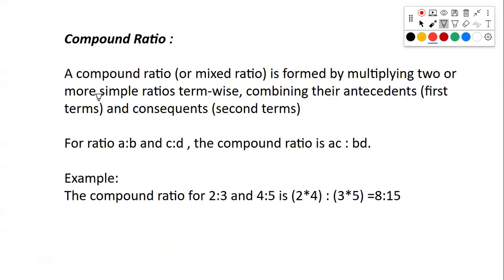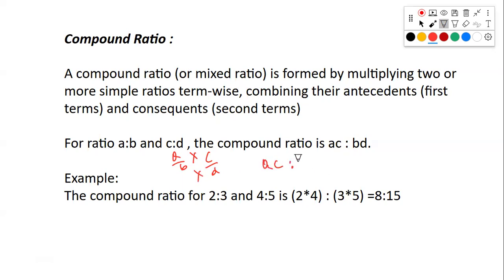A compound ratio or mixed ratio is formed by multiplying two or more simple ratios term-wise, combining their antecedents, the first terms, and consequents. For the ratio A is to B and C is to D, the compound ratio is, if you are writing in the form of A by B and C by D, you are multiplying the antecedents, you are multiplying the consequents.